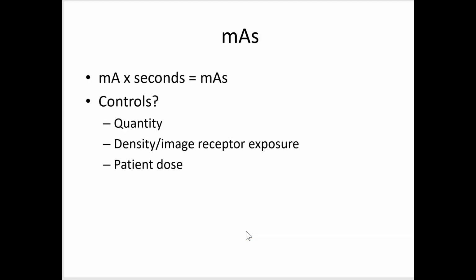Remember that mAs controls the quantity of photons created. Therefore, it's going to control the patient dose that is received from the exposure, and that is going to determine the density or brightness of the image. And in other words, the image receptor exposure.